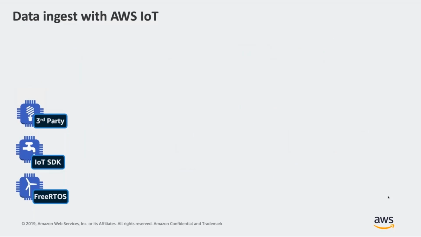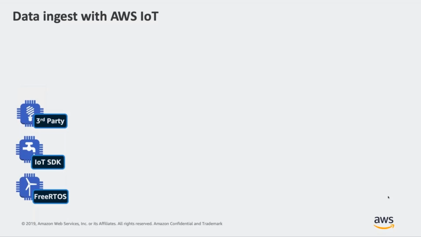Now, let's look at the process of data ingest using AWS IoT. AWS IoT data ingest can happen from three different categories of devices.